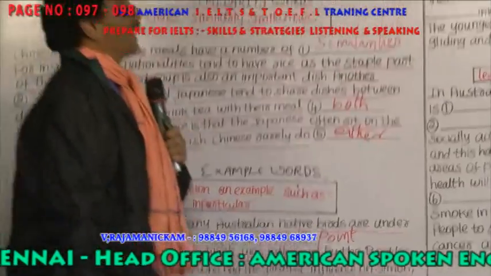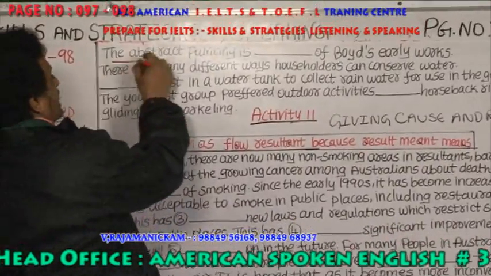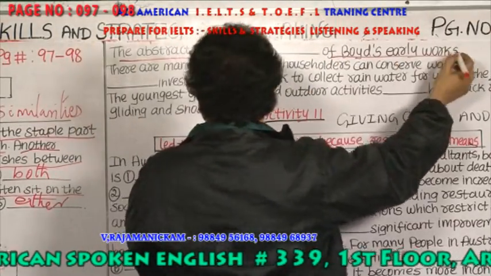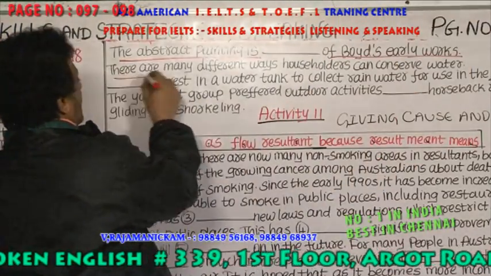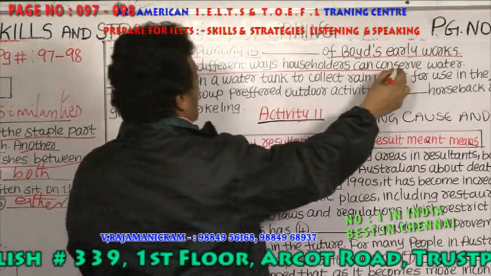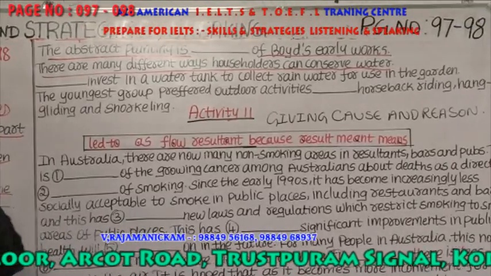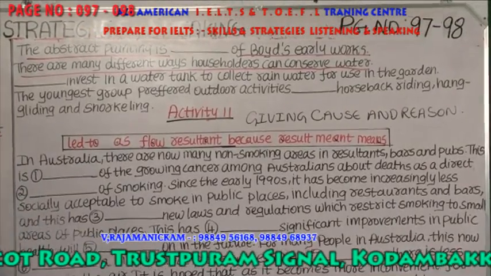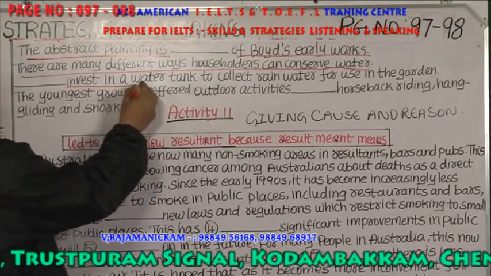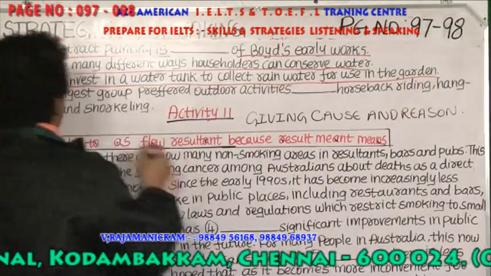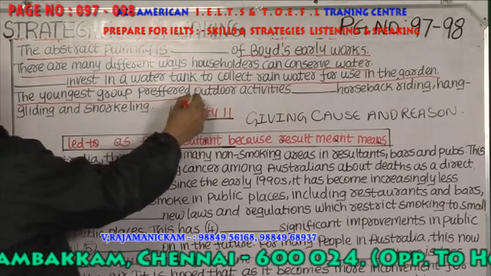The abstract painting, dash, is of Boyd's early works. There are many different ways householders can conserve water. What do you mean by that? There are different ways a householder can save water. Dash, invest in a water tank to collect rainwater for use in the garden. The youngest group preferred outdoor activities.